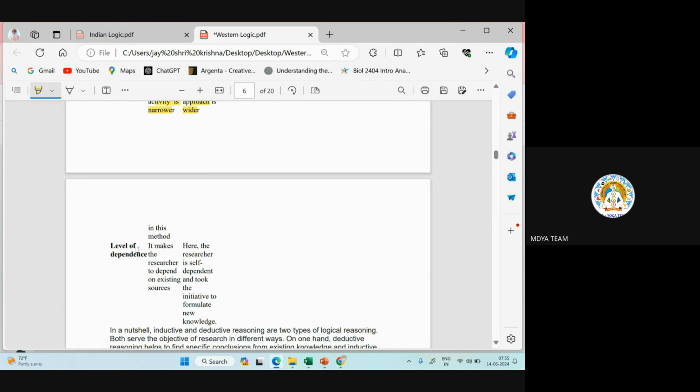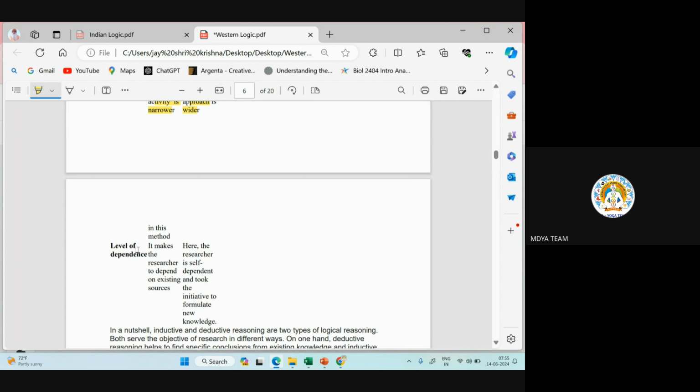Level of dependence. It was a previous year question: which reasoning is based on existing knowledge, for which reasoning do you need existing knowledge? Inductive or deductive? Deductive, existing source.